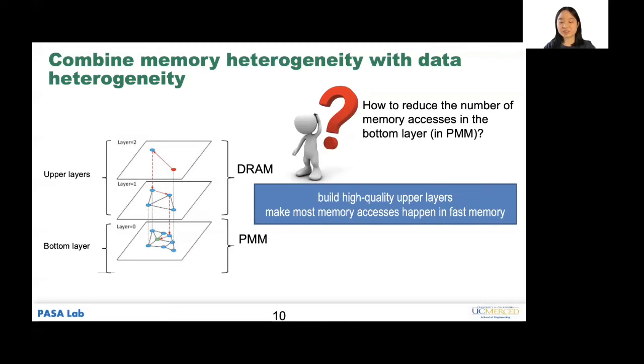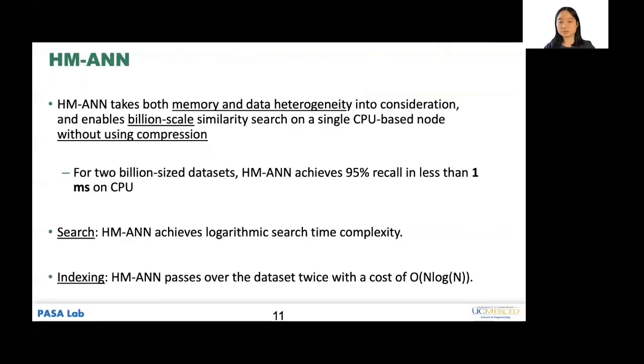The key idea of HMANN is therefore to build a high-quality upper layer and make most memory accesses happen in fast memory, in order to provide the best navigation for search at the bottom layer and reduce the memory accesses in slow memory. In this paper, we propose HMANN, which takes both memory and data heterogeneity into consideration, and enables billion-scale similarity search on a single CPU node without using any compression technique.